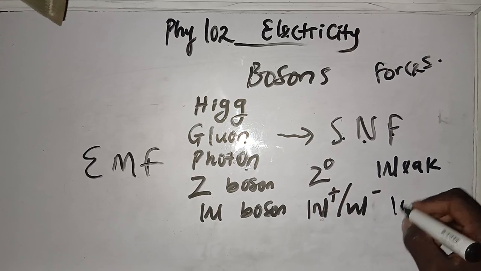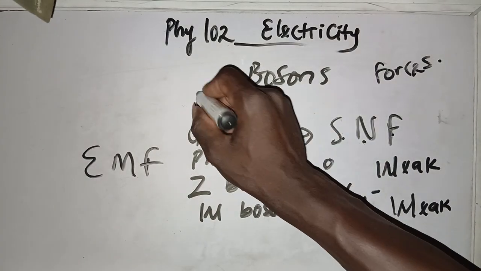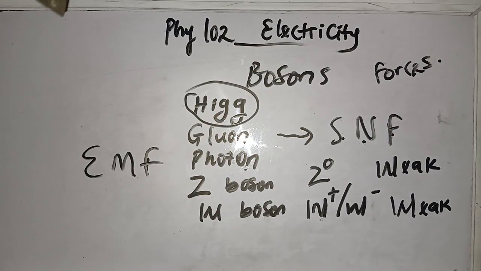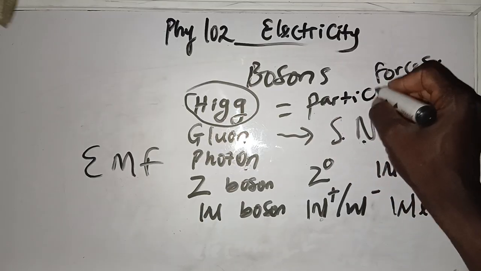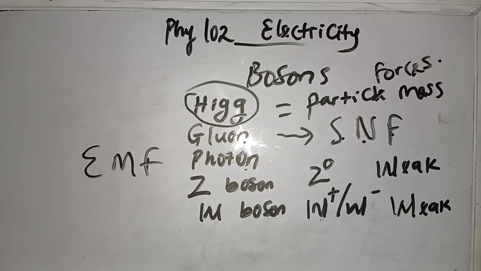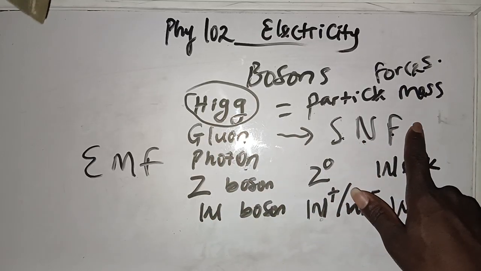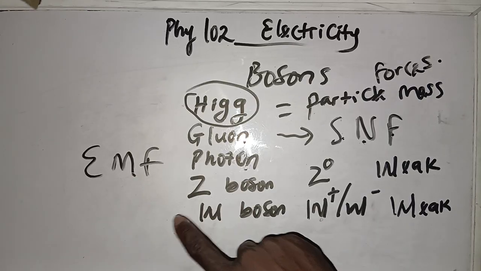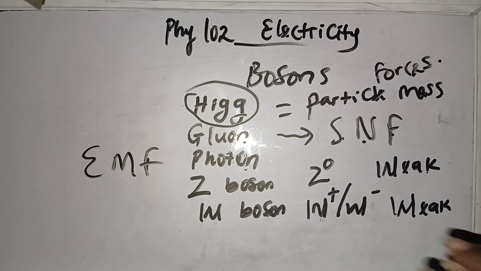W boson is also a carrier of weak forces. While the Higgs boson is the one that is responsible for particle mass. So those are the bosons: gluon, strong nuclear force, photon, electromagnetic force, EMF, Z bosons, carriers of weak force, W boson, carriers of weak force.